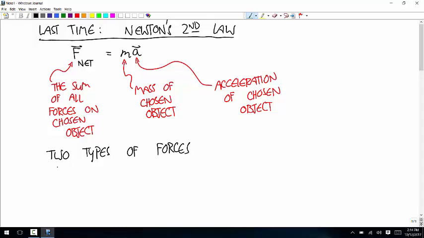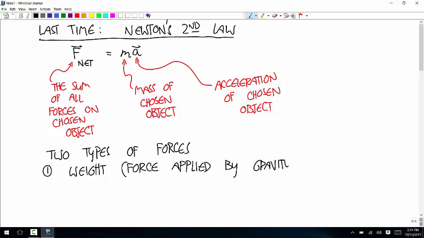The first is weight. That's the force applied by gravity. And then the only other kind of forces that we're going to see are contact forces.